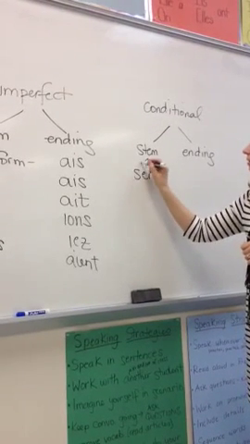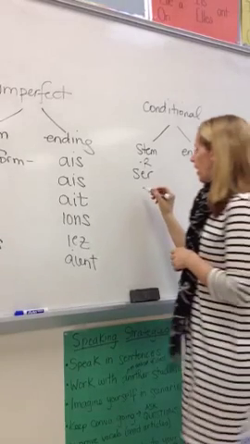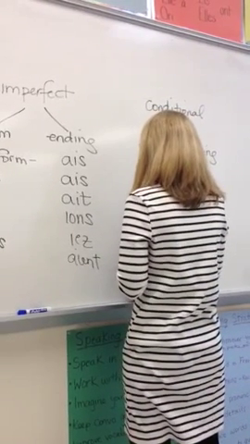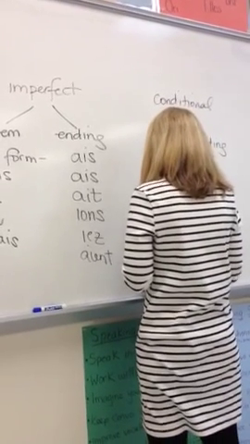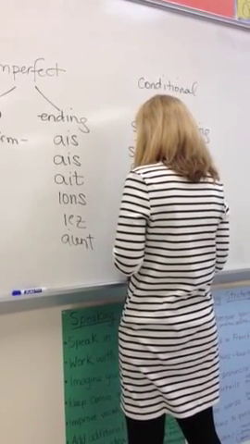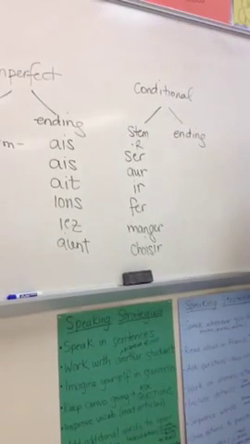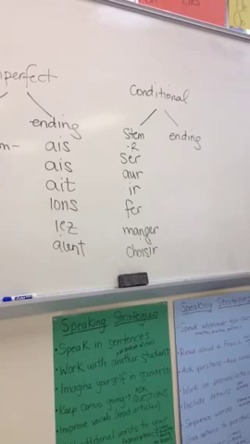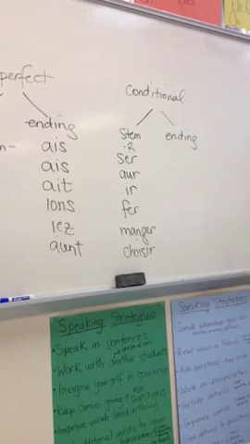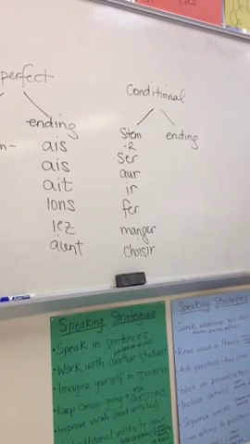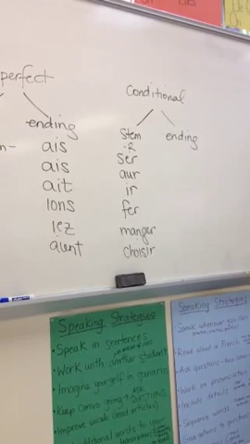So avoir was aur, and aller was ir, and faire was fer. Many times, though, it's just the infinitive of the verb. So the stem ends in r for the conditional. It's either an irregular stem like ser or aur, fer, and there's a whole bunch more.